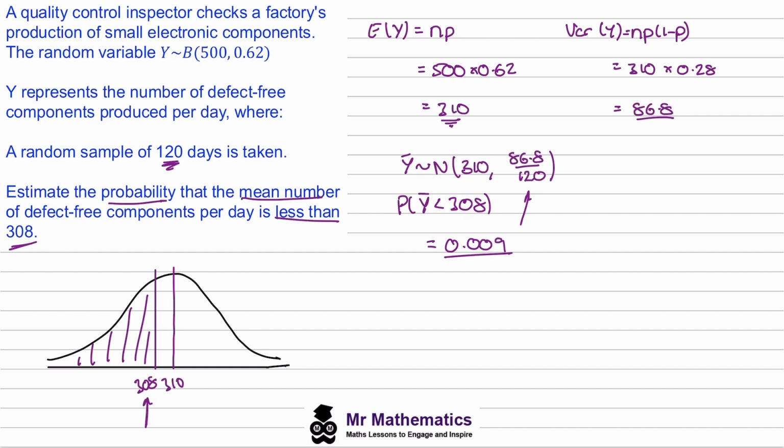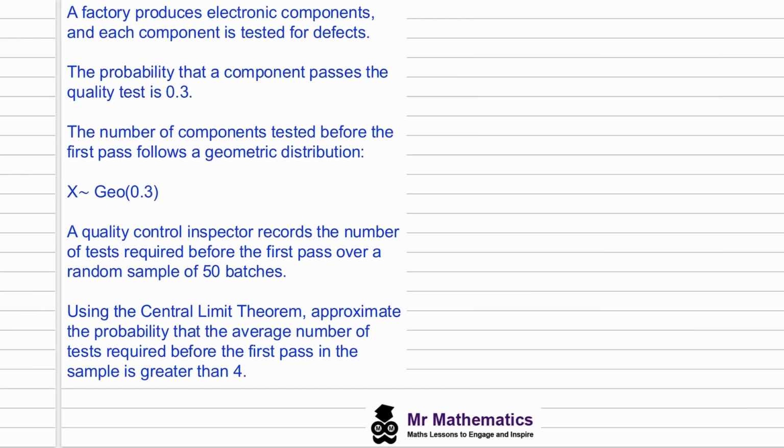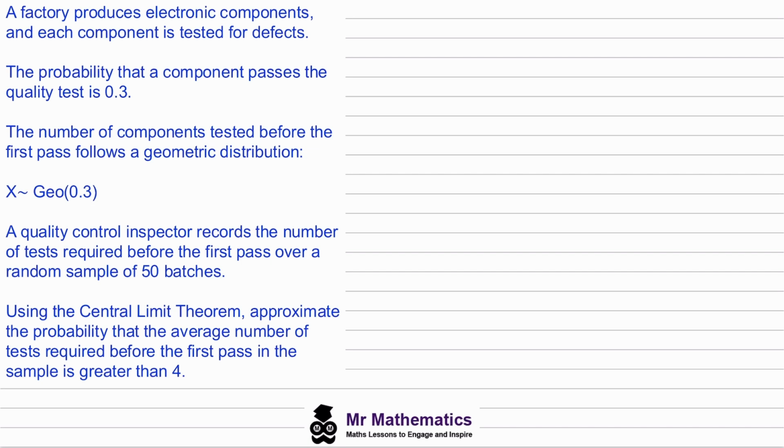Let's try one more question. So now we're told that a factory produces electronic components and each component is tested for defects. The probability that a component passes the quality test is 0.3, and the number of components tested before the first pass follows a geometric distribution.